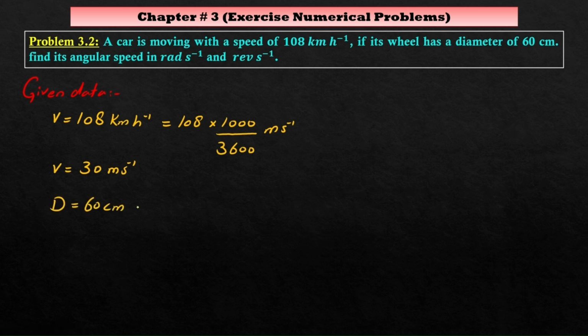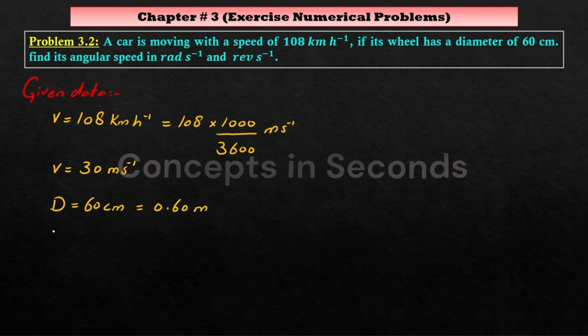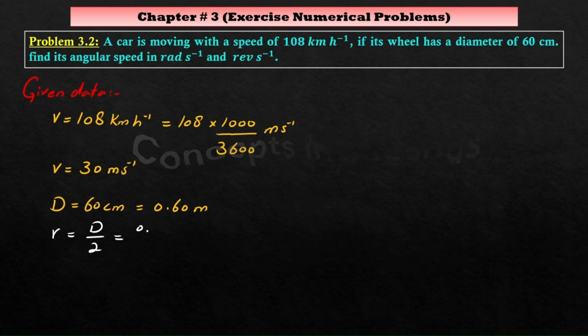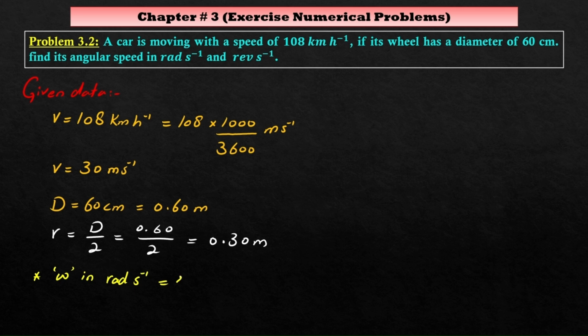Further, it is given that the diameter is 60 centimeter, which is 0.60 meter, and we have to find the radius because it is used in the formula of angular speed. So R is equal to 0.30 meter. We have to find angular velocity, means omega in radian per second and omega in revolution per second.